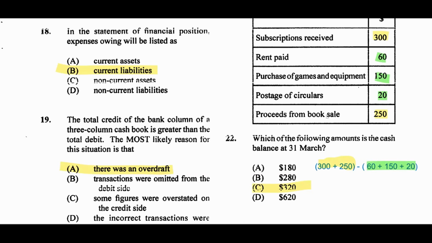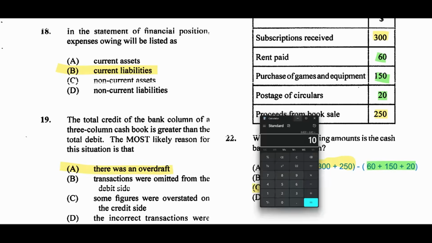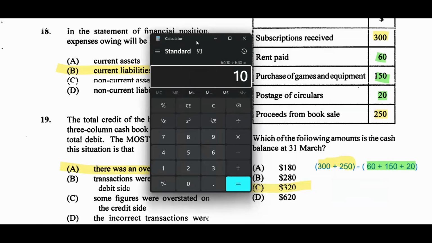So guys, receipts subtract your payments should give you the value of $320. Let's make sure, right? So that's $550 there as our receipts. Our payment should be $230. Good. And 320. There we go, guys. Awesome job.